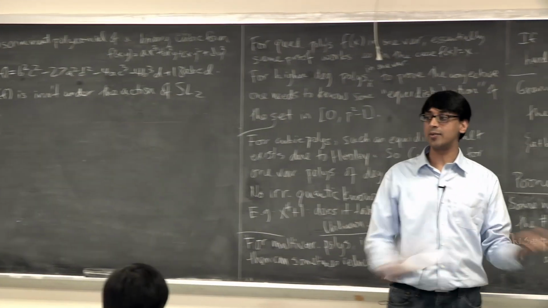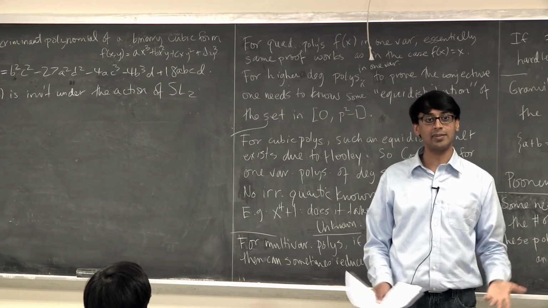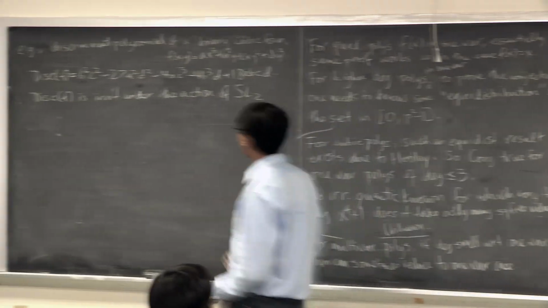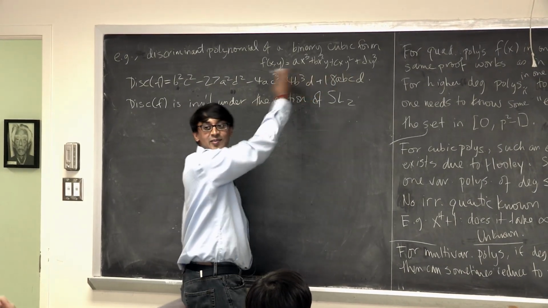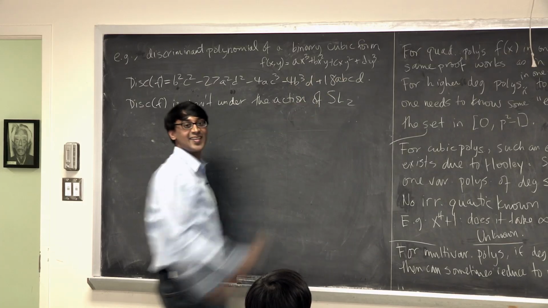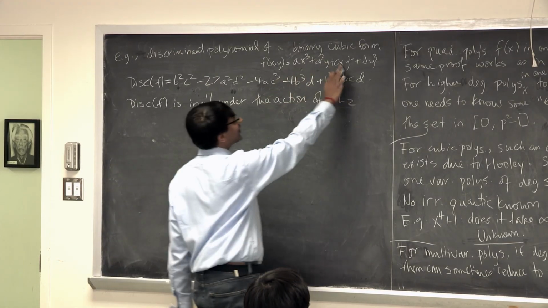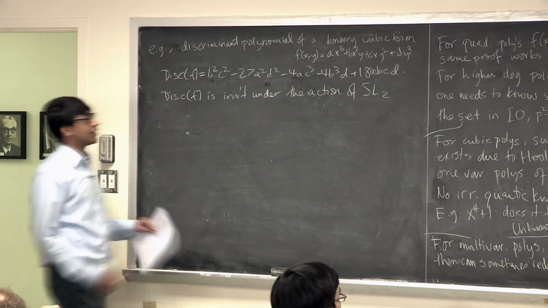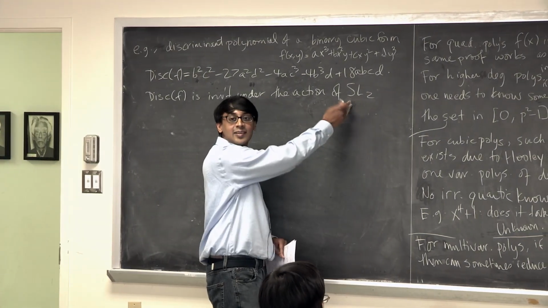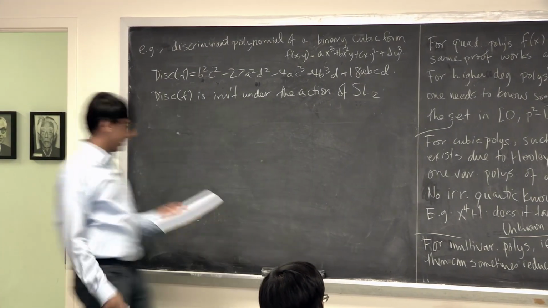If you act by SL2, the value of b squared minus 4ac doesn't change. So disc f is invariant, and that's why I wrote it as a binary cubic form, so you can see the SL2 action. If you just write it as a general cubic polynomial, as x cubed, x squared, x, 1, then you wouldn't see it. But if you write it as x, y, then you see this action of SL2. And you can take advantage of SL2 to find square-free values.